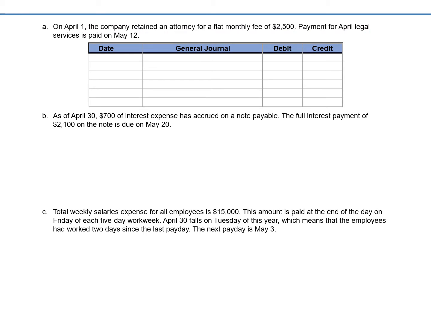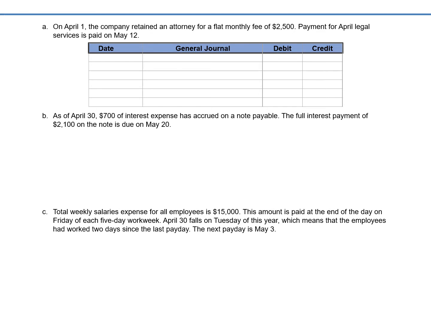Okay, so on April 1st, the company retained an attorney for a flat monthly fee of $2,500. Payment for the April legal services is going to be paid on May 12th. So just because it's not going to be paid till next month doesn't mean we didn't incur the expense today, and we have to properly reflect that expense in our accounting records for the April 30th financial statements, right?